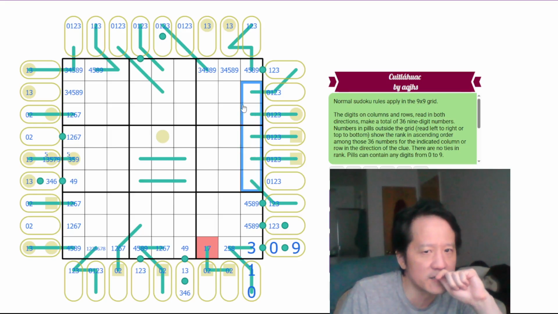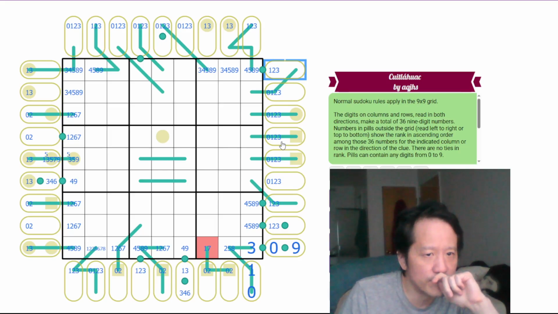And 9 does not work here. Right? Because 9 has to be with a 30 something in the ranks. Hmm.